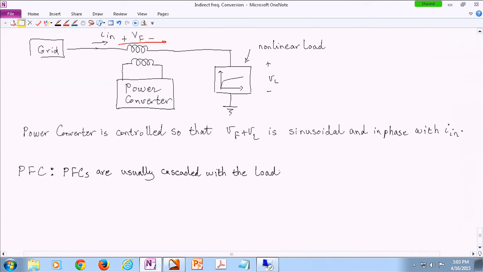Therefore, they better fit low power applications, because if you're talking about megawatts of power, you don't want to add another converter on the path of a megawatt power. So you have to go after these shunt or series active filters. So the application for PFCs would be low power applications.